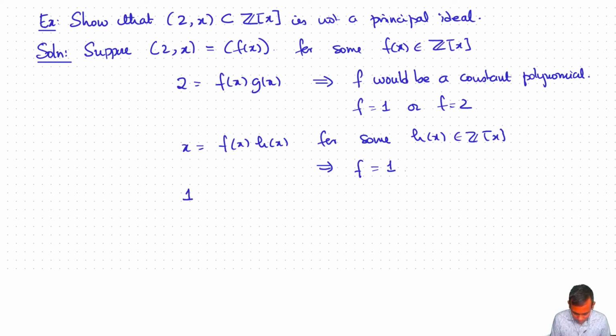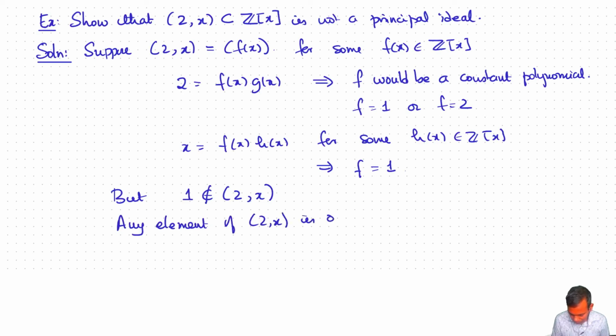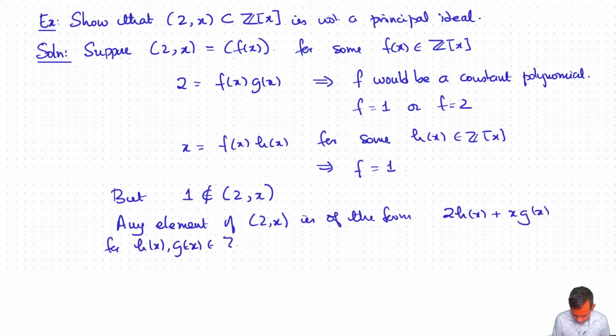But 1 does not even belong to the ideal generated by 2 and x. Why is that? Because any element of the ideal generated by 2 and x is of the form 2 times h(x) plus x times g(x) for h(x), g(x) in Z[x].